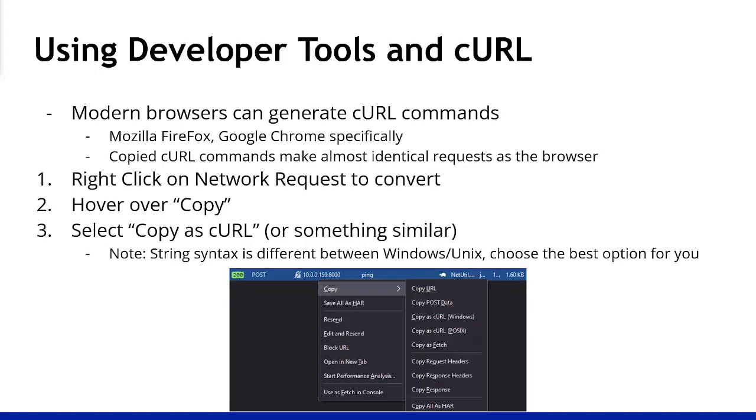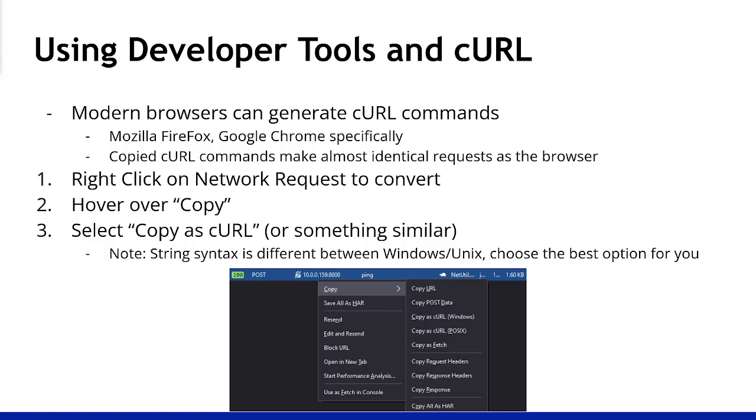One last thing is that you can use developer tools and curl simultaneously. After making a correct request, you can go to the Network tool in DevTools, right-click on it, and copy the request you made from Firefox, Google Chrome, or most modern browsers, as a curl command.